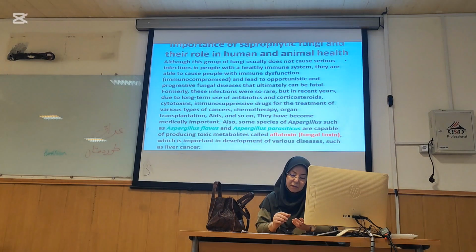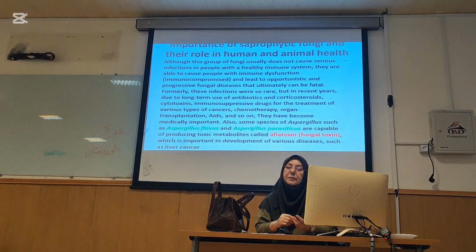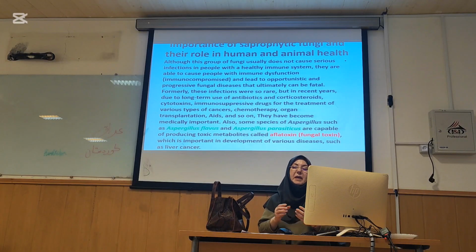So one disadvantage of saprophytic fungi is causing fungal infections among immunocompromised patients.